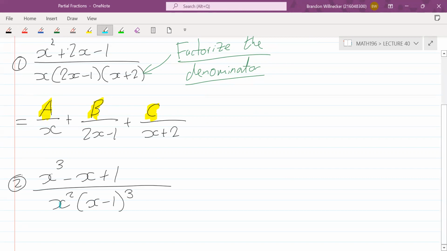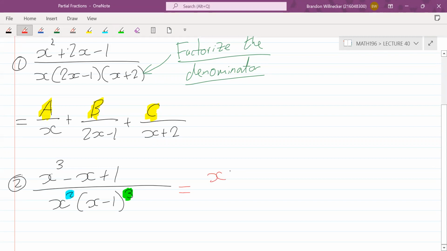We see here that the x term is repeated twice because it's x squared, so it's like x times x. And the second term, x minus 1 cubed, is repeated 3 times, because we could write this as x minus 1 times x minus 1 times x minus 1.